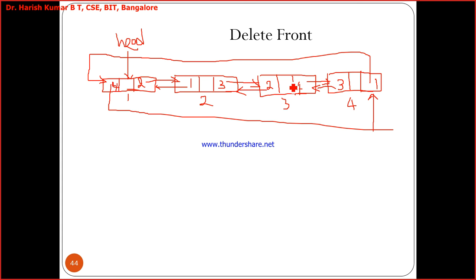How? Head arrow right link, arrow right link. So head arrow right link is equal to head arrow right link arrow right link. If you do that, this 2 will be overwritten by 3. Hope you understood. Yes or no? Yes, sir.